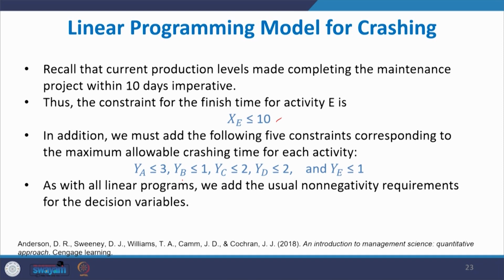YB, number of days activity B can be crashed, is less than or equal to 1. YC less than or equal to 2. YD less than or equal to 2. YE less than or equal to 1. As with all linear programs, we add the usual non-negativity requirements for the decision variables.